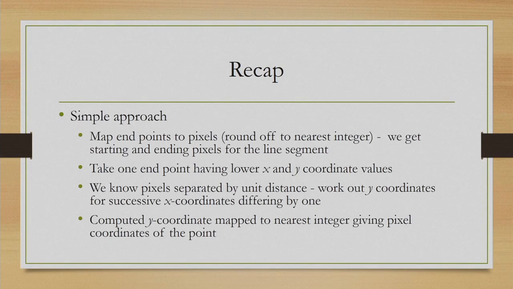The straightforward approach that we discussed is that first we map the endpoints to pixels, then we start with one endpoint which has the lower x and y coordinate values, then we work out y coordinate values for successive x coordinates, where the x coordinates differ by 1, because we are talking of pixel grids, and then these y values that we computed are mapped to the nearest integers, thereby getting the pixels.